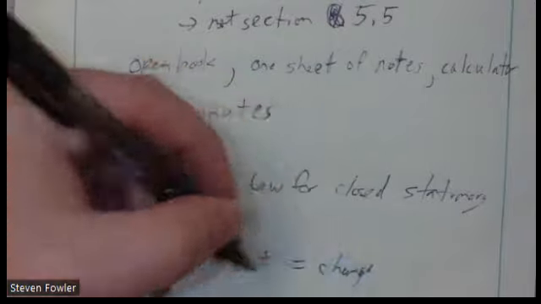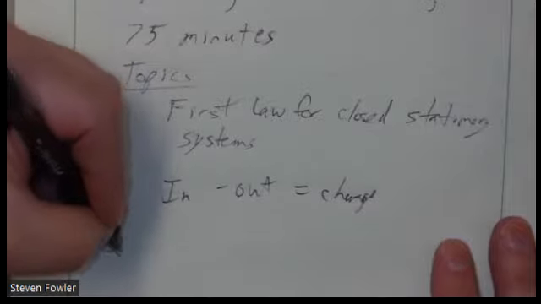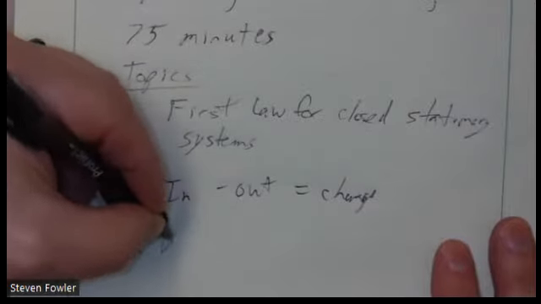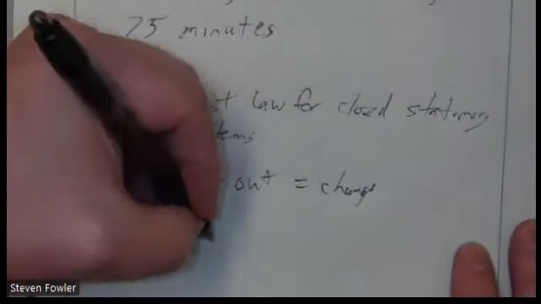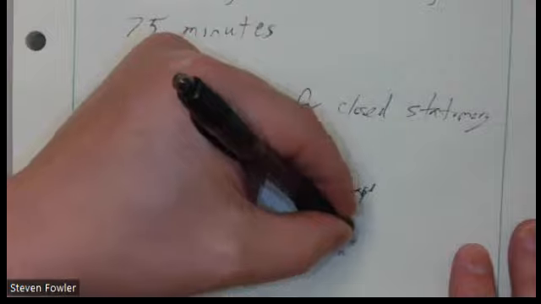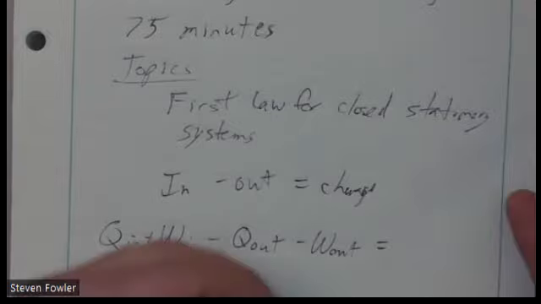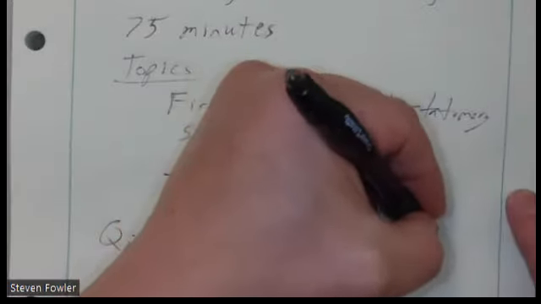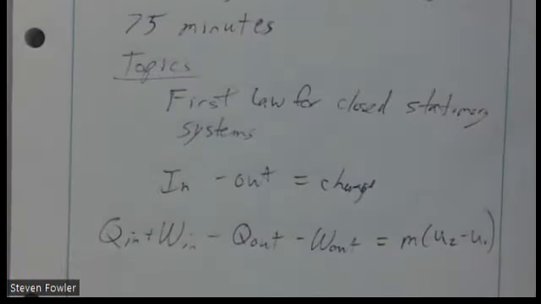A little different way of showing it than a lot of textbooks do, but basically say add all the energies that can come in. Well, if it's a closed system, that's going to be heat and work. So we add the energies that are coming in, subtract the energies that are going out. Again, in a closed system, that's only going to be heat, work. And that equals the energy change. The types of energy that can change are going to be internal, kinetic, and potential. If it's stationary, the kinetic and potential energies do not change. So the only thing that changes is the internal energy.